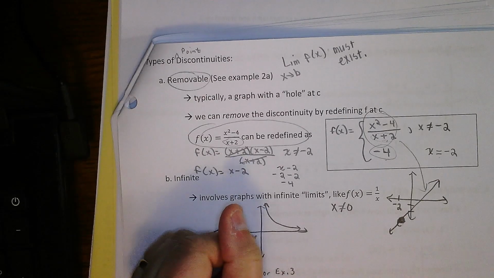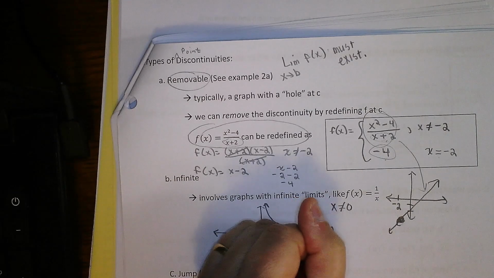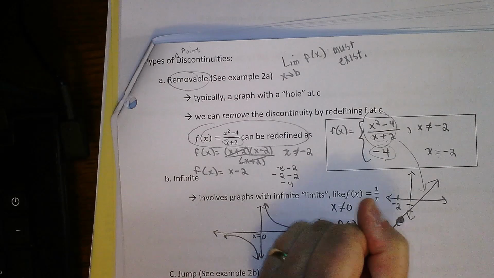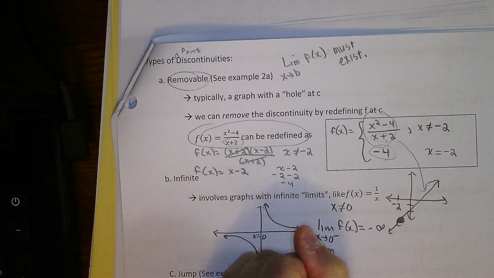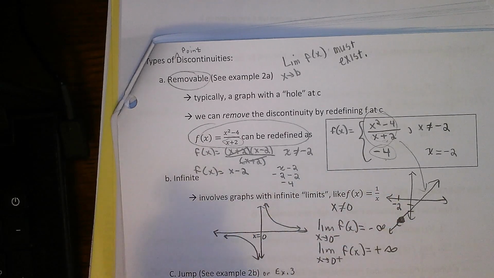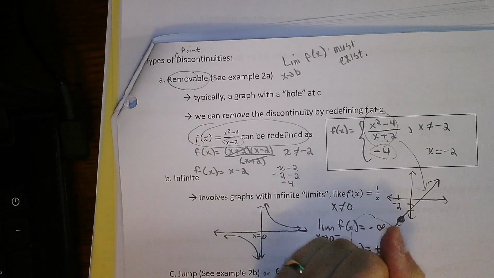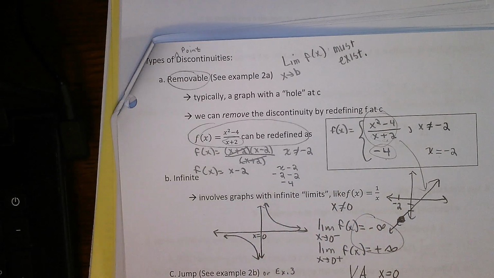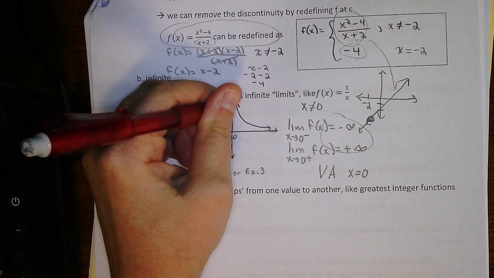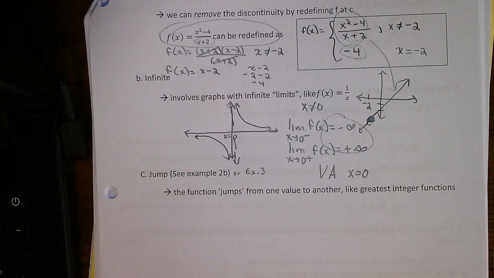If we're considering the point x equals 0, the limit as x approaches 0 from the left is heading towards negative infinity, and the limit as x approaches 0 from the right of f of x is headed toward positive infinity. Those are indications that you have a vertical asymptote at x equals 0. So when you have any kind of vertical asymptote, we'll call that an infinite discontinuity at the point x equals 0.